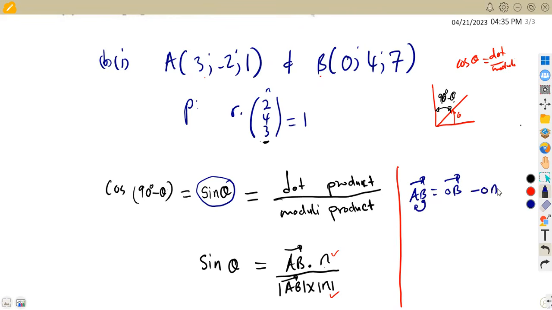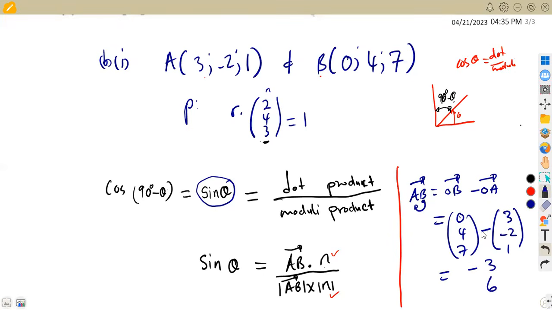That's (0, 4, 7) minus (3, -2, 1). We simplify corresponding terms: 0 minus 3 is -3, 4 minus -2 is +6, and 7 minus 1 is +6 again. So this represents our vector AB.